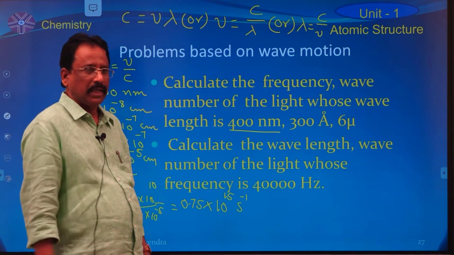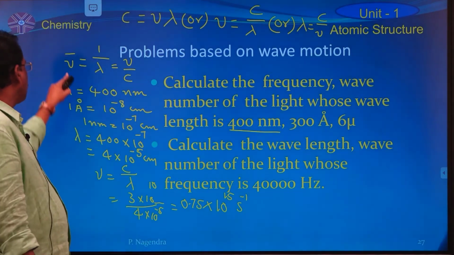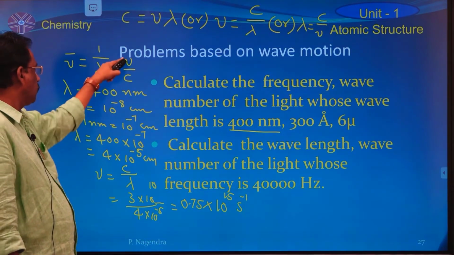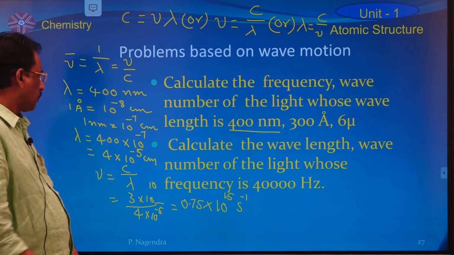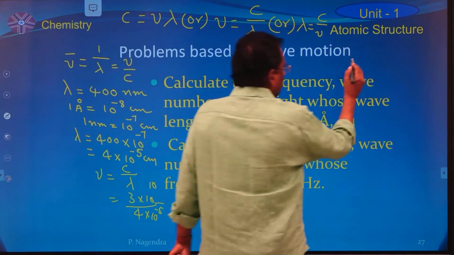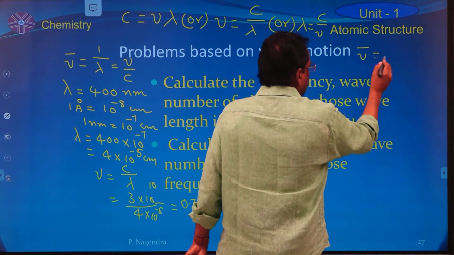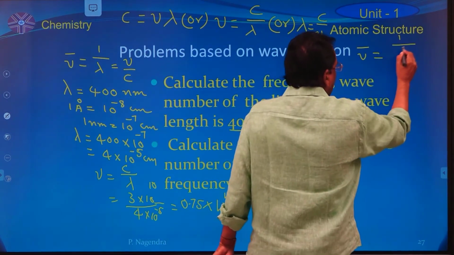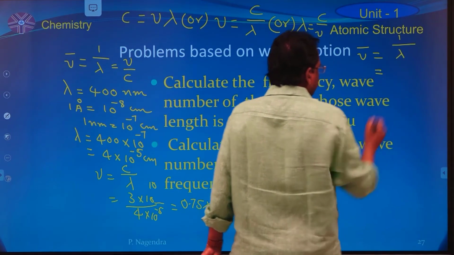There are two formulas. Wave number nu bar is equal to 1 by lambda, which is nothing but nu by c; both are the same. Now calculate the wave number of the radiation. The formula is 1 by lambda in centimeter.